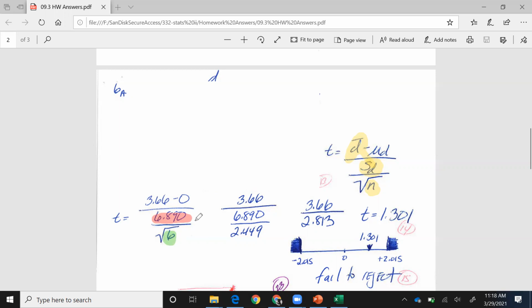Following the steps, if you want to, I like to go simple steps. I take the square root of 6, made that with the value here. My next step is also to just solve the denominator, take little baby steps. I ain't done nothing up top yet. And I divide those two, and the value that I get is 1.301.